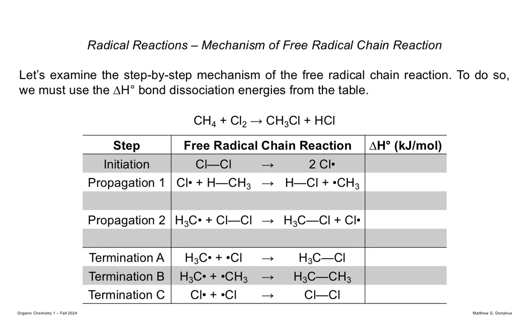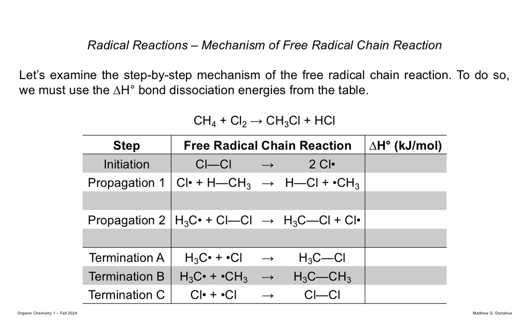So here that is in a table form, where in the last column where it says delta H, that's where we're just going to keep track of the math, and then look at the numbers. What's really important are the numbers for propagation steps 1 and 2, to see if the chain can live.